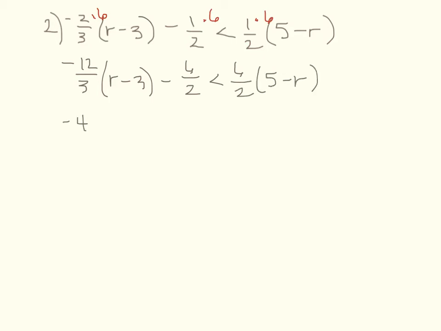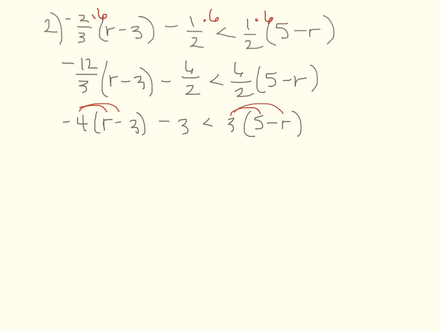Over here we get negative 4 times r minus 3, a 3, and a 3. So if you did your multiplying correctly, remember these rationals should divide themselves out. Now I've still got a complicated problem, but not nearly as complicated.